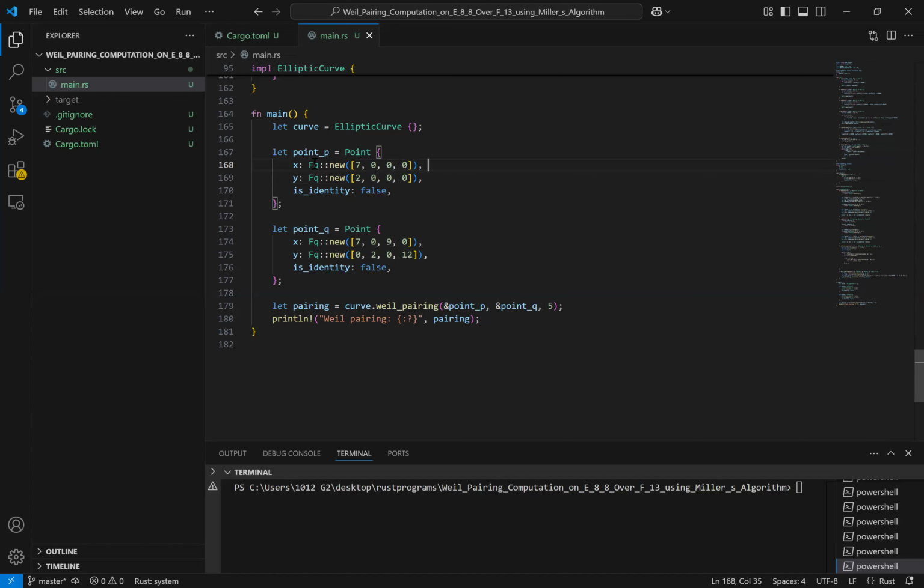That's the first point P, coming from our group G1. Then from G2, we have point Q. Point Q has x value 7 plus 0t plus 9t squared plus 0t cubed, and our y value is 0 plus 2t plus 0t squared plus 12t cubed. So when you ask it to do Weil pairing for those points, it should do it.